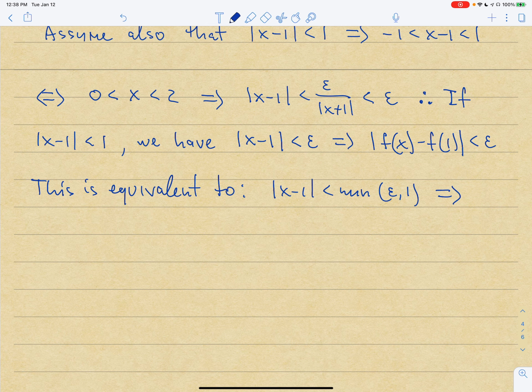This implies |f of x minus f of 1| is less than epsilon. So this guy here, minimum of epsilon and 1, is my delta. So I proved the existence of delta such that if |x minus 1| is less than delta, then |f of x minus f of 1| is less than epsilon. And so I'm done. So I verified the epsilon delta definition.